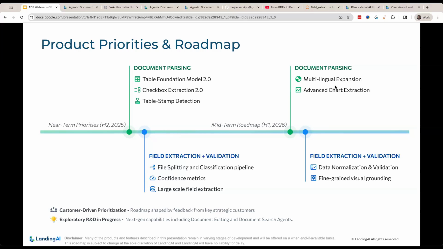Excellent. We have time for just one or two more questions. How does ADE improve over traditional OCR? Yeah, I think that's a great question because this is a new technology compared to OCR, and like most everyone is familiar with OCR and ultimately how it works.